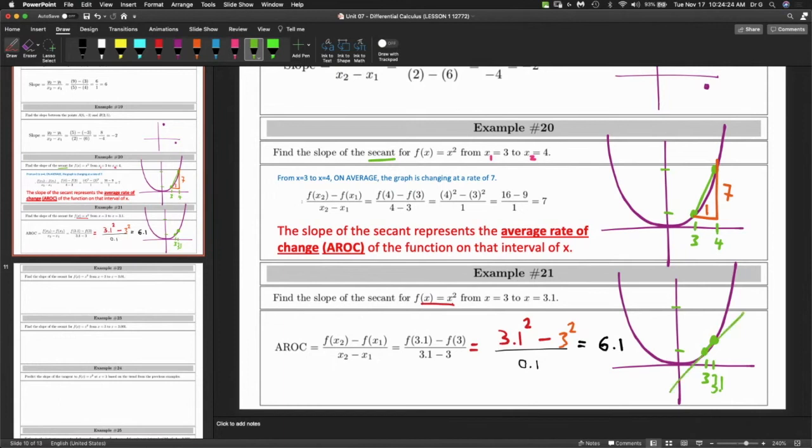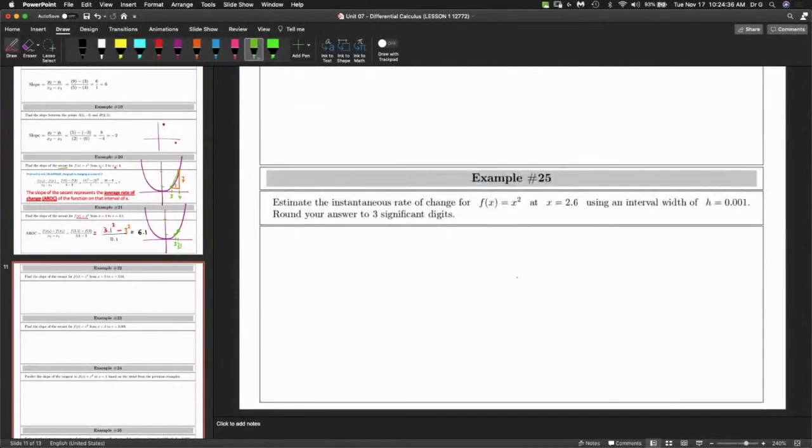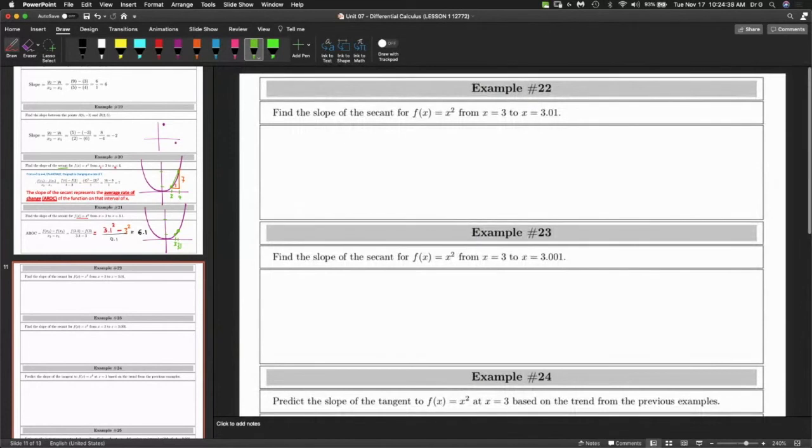So this is the tangent, which is our goal, down here. And you see how these are very close to each other now. It's 6.1. We can repeat this process and do it even closer with 3 and 3.01, or 3 and 3.001, and you'll have a continuing trend there.